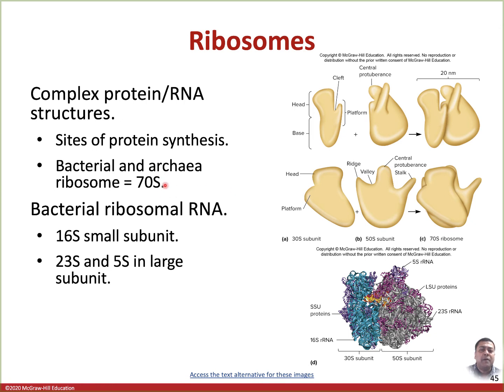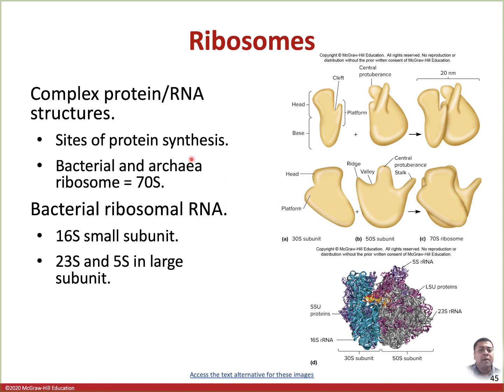This Svedberg coefficient is basically a sedimentation coefficient in an ultracentrifugation machine. When we try to isolate these subcellular organelles, we crush the cells, make a supernatant, and use centrifugation to create artificial G so that these structures precipitate in a certain portion of the tube in which we are centrifuging the samples.